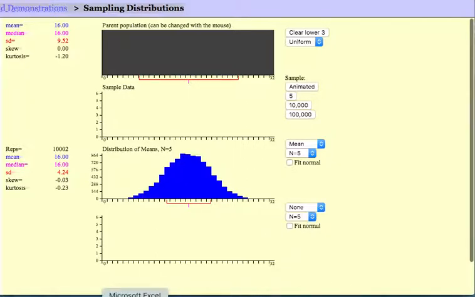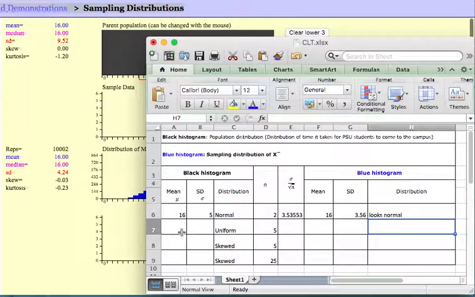And once again, let's go back to our Excel sheet and put this information. So the parent population mean is still 16 and standard deviation is 9.52.